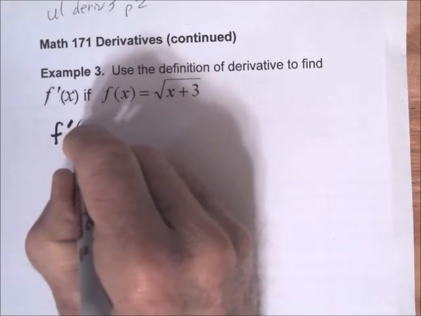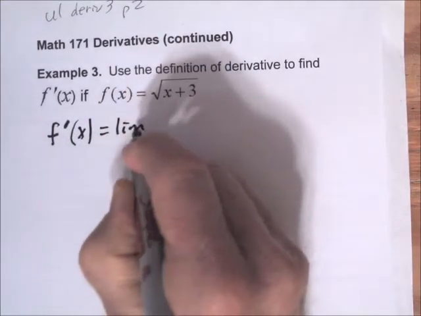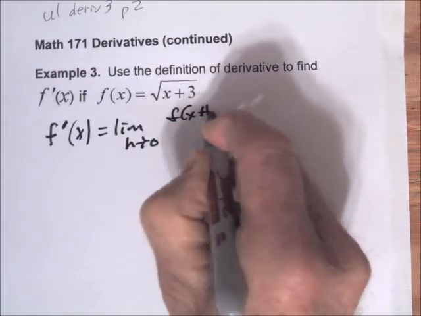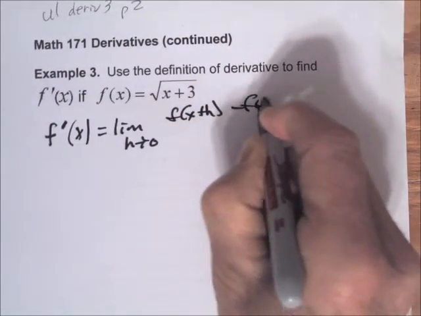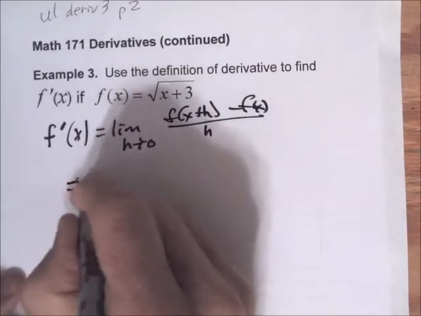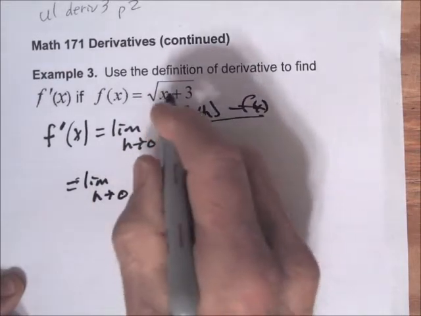So f prime of x is the limit as h goes to 0, f of x plus h minus f of x all over h. So let's apply this formula to our function here.